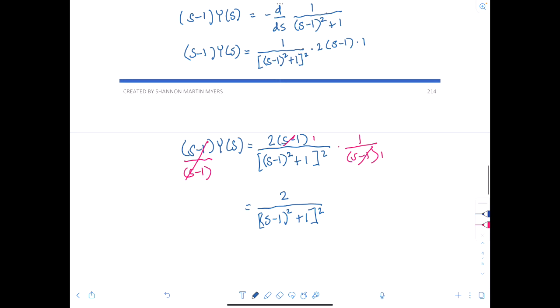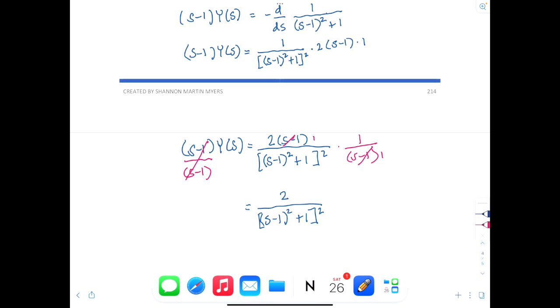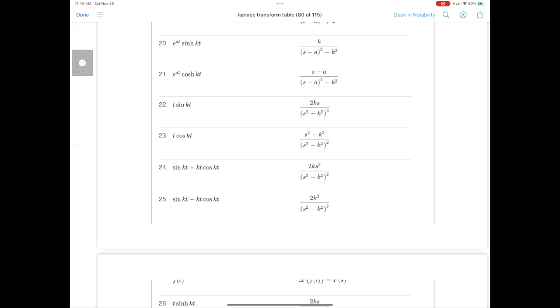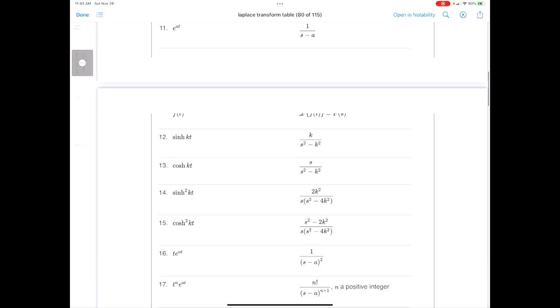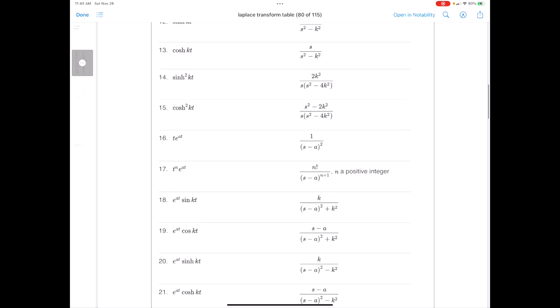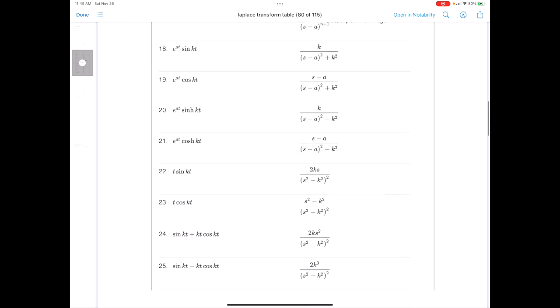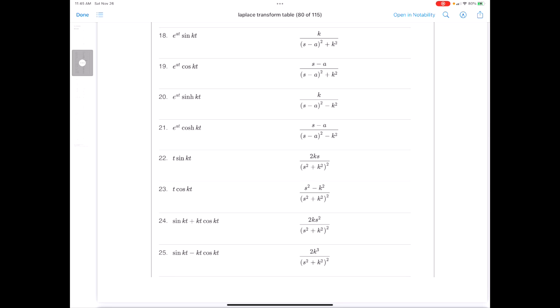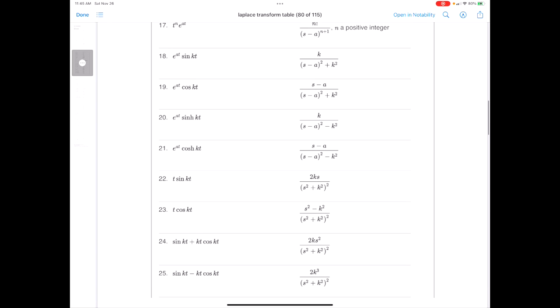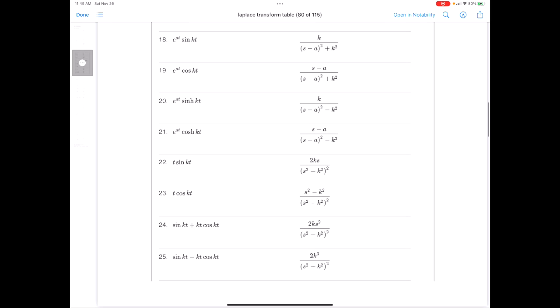Now is when we go and look at our table of Laplace transforms. We're going to want to use the table. As you scroll through, you can look at these things. There are some over here that look a little similar, but we're not quite there yet, because remember, we have a constant 2, which we can factor out, or we can keep it.